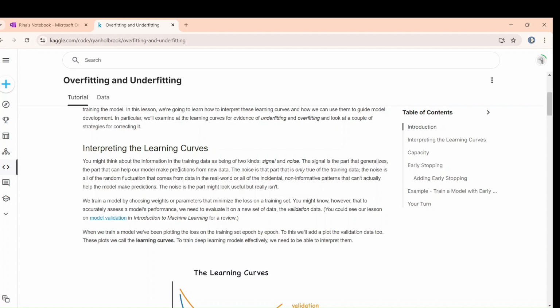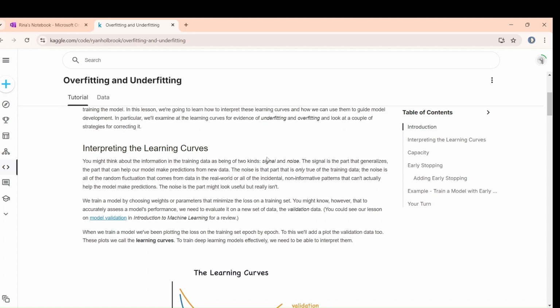When you train a model, you can see that data follows a pattern, but with that there must be some random fluctuations that come from the data in the real world. Or all of the incidental, non-informative patterns that can't actually help the model make predictions.